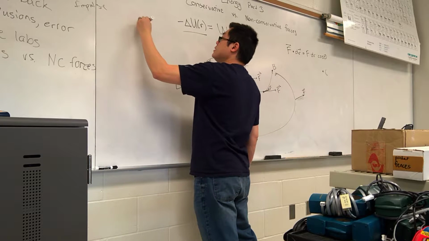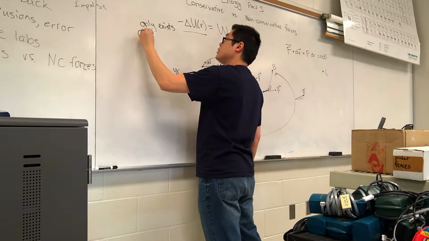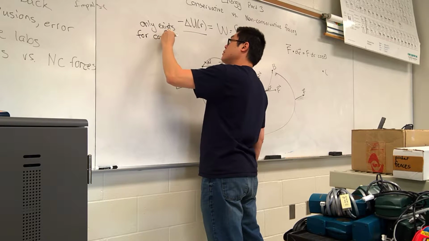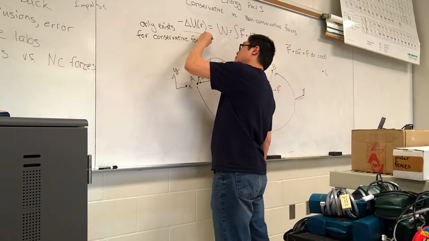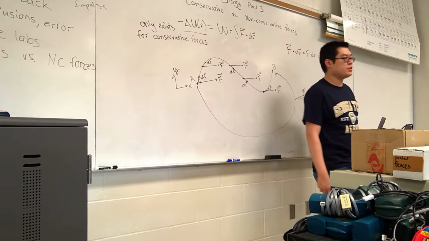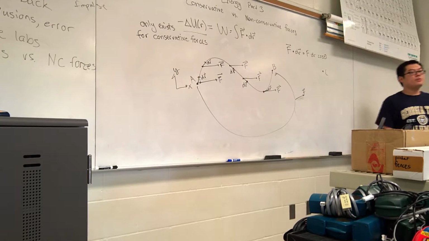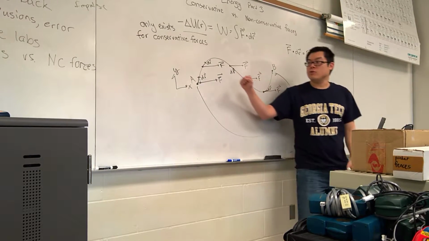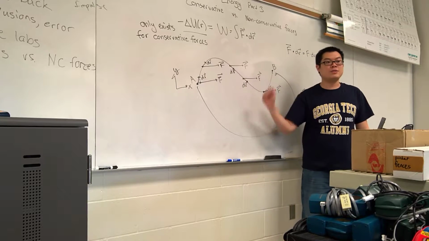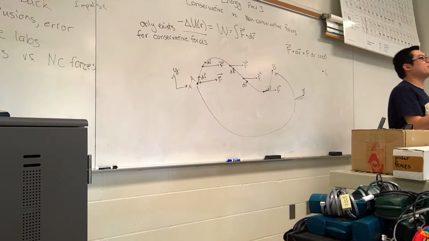This only exists for conservative forces. In other words, only conservative forces have potential energy. Only conservative forces that behave like this, where only the position matters and the path that you take doesn't matter, have an equation that describes how it stores energy.